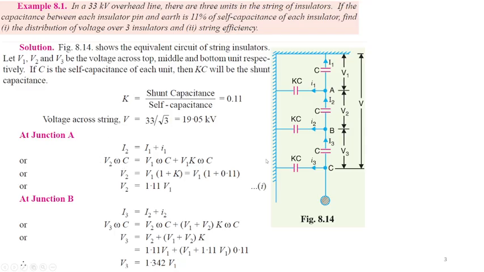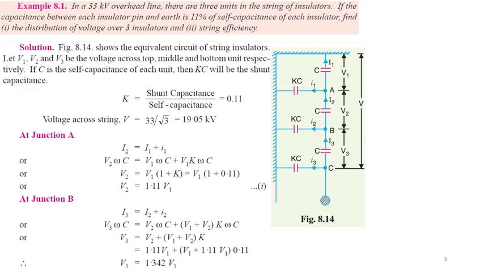Again, by Ohm's law, V2 omega C is equal to this voltage V1. These two points are connected together, so this voltage is also V1, equal to V1 C omega plus V1 K C omega. The shunt capacitance is equal to KC. So after taking V1 to the other side of the equation, we will have this relation.